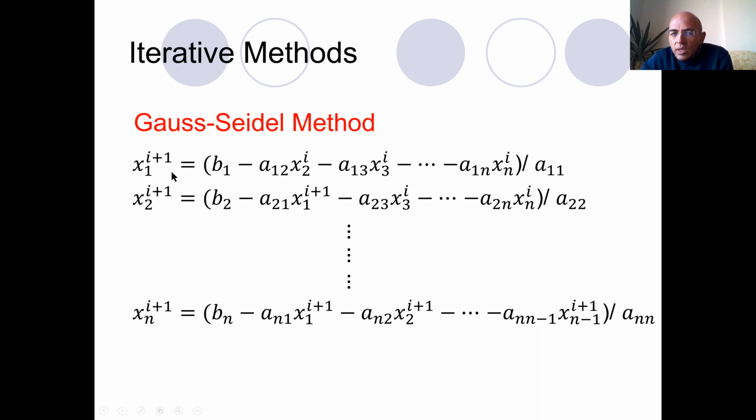Of course, from there, for the first unknown, I can calculate x1 i+1. Now, in calculating the approximate value of x2, what I do is, now I have a better approximation of x1 i+1.